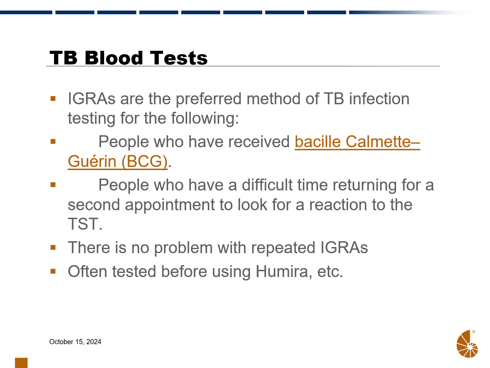Also, some people have a difficult time returning at exactly 48 to 72 hours after their skin test was applied. It may not be read correctly, so there are problems with the skin test. So a lot of people are turning to IGRAs as the way to detect latent TB infection or disease.